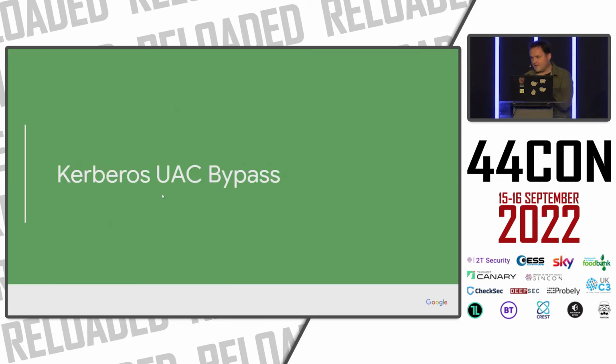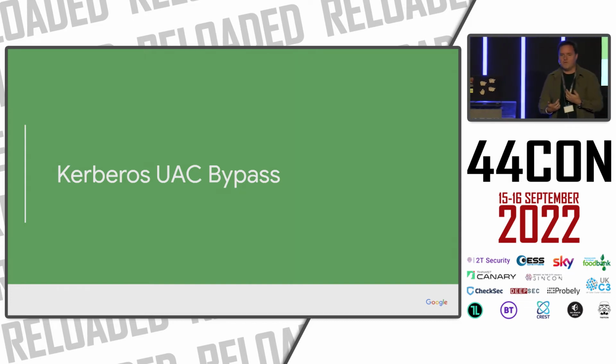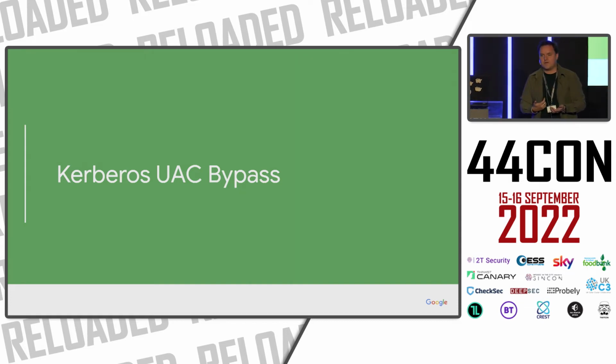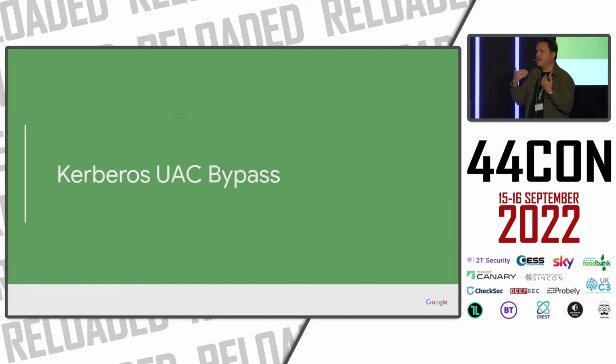So one of the things is if you have control over the authentication process, you can actually bypass UAC, as long as you're, of course, running as an administrator already, right? Microsoft do not consider UAC to be a security boundary. So any bugs in UAC are like, meh, whatever, we're not going to fix them.